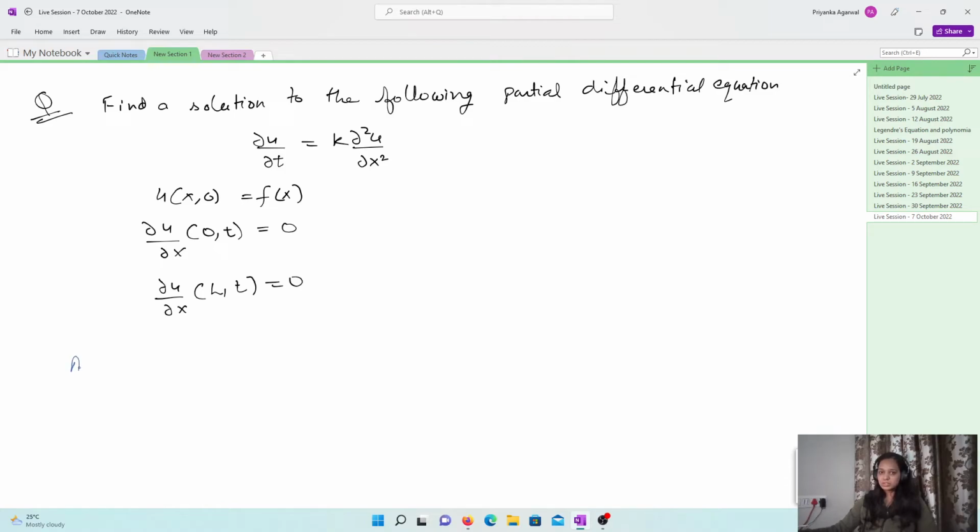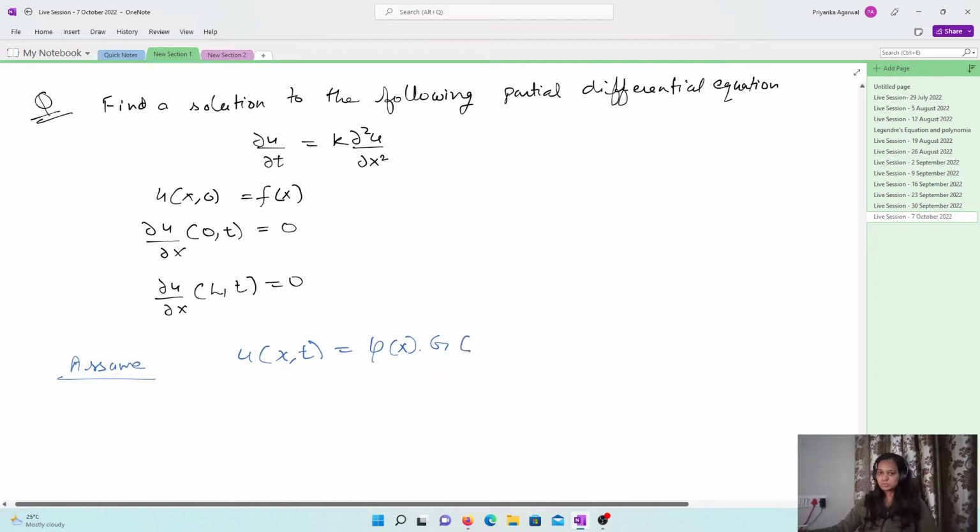So here we can assume that our solution is of the form where u of x comma t can be written as psi of x into g of t. As in the previous problem, you can use separation of variables here.